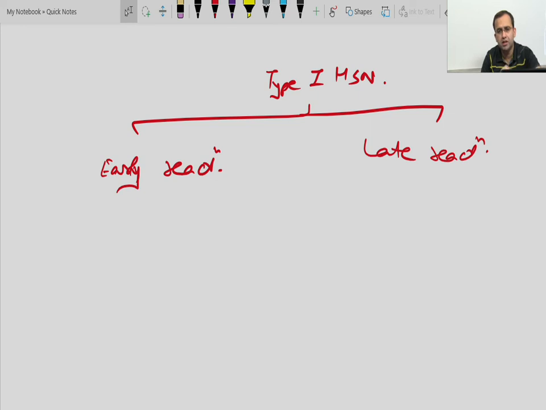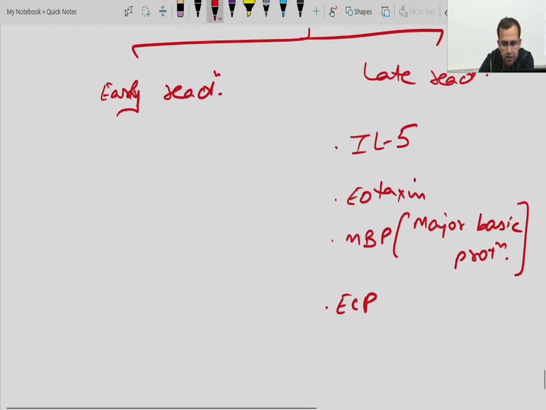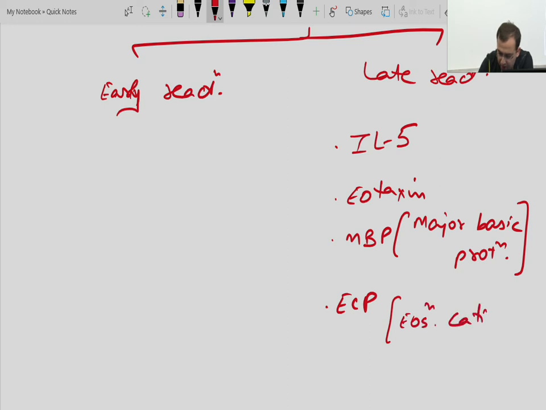The mediators are interleukin 5, eotaxin, MBP, that is major basic protein, and ECP, that is eosinophilic cationic protein.